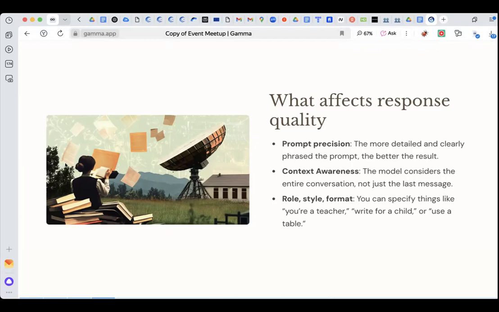As I said, it doesn't understand the text like humans do, but it understands the structure. So if you write a structured and clear prompt, your result will be much better.